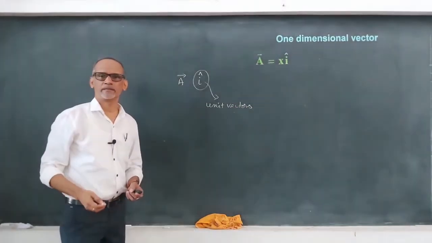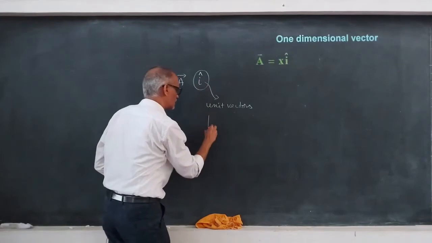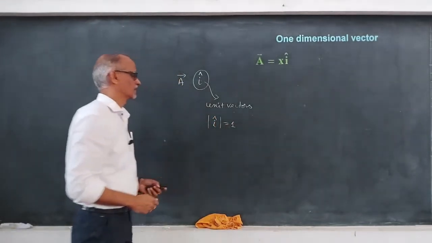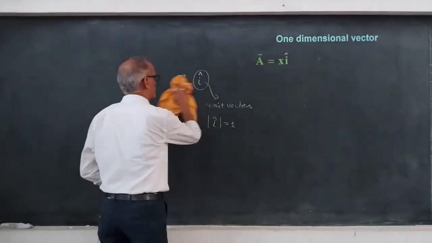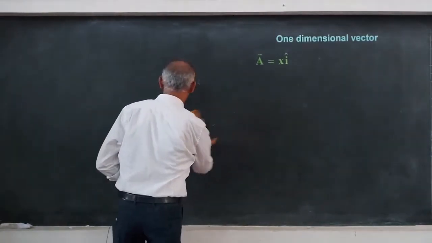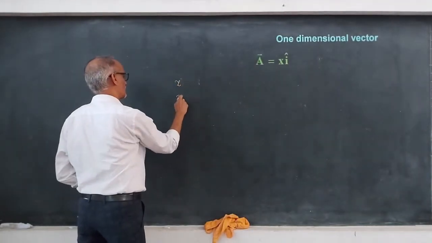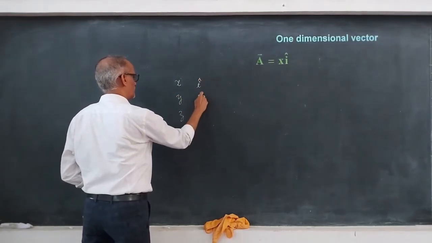What is a unit vector? A vector whose magnitude is 1 is called a unit vector. So, its magnitude will always be equal to 1. Unit vectors along the three different axes, x axis, y axis and z axis, are taken as i cap, j cap and k cap.